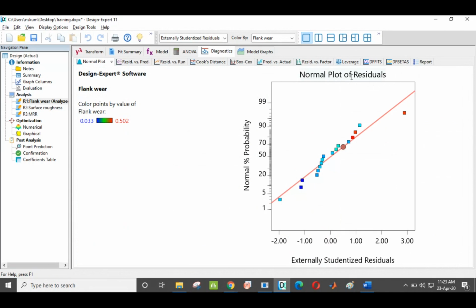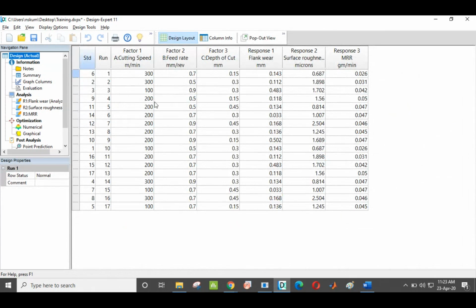The normal plot of residuals. So here you can see this has got deviated out. This point. I will just click this point. So standard order 15, run 12. Okay. Now I can go with this design. I am going for run order 12. So run order 12 is this.